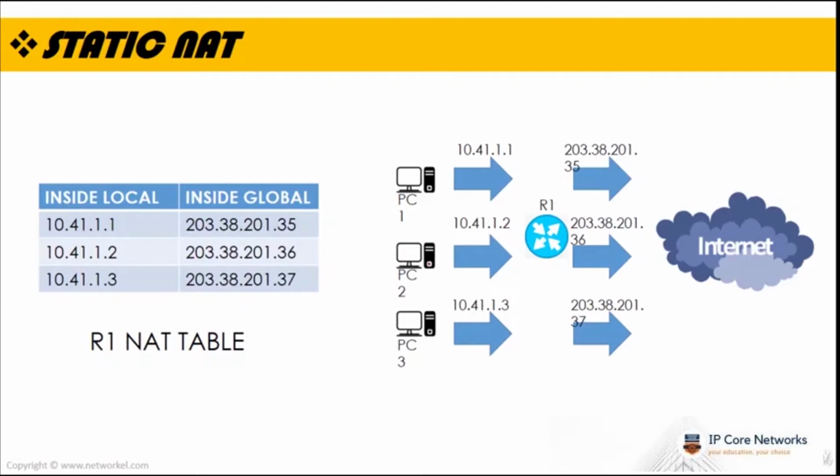For example, if PC1 goes to the internet, it's going to use this IP address. If PC2 surfs on the internet, it's going to use this IP address, and PC3 will use this IP address.